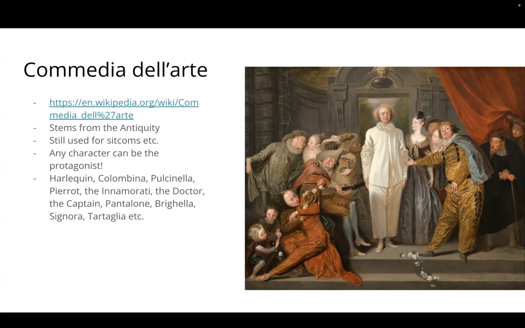And you can use this badly and make stereotypes out of them, or use them wisely as archetypes. And what I like here is that any of these characters can be chosen to be the protagonist.